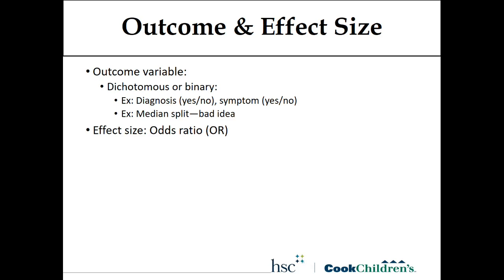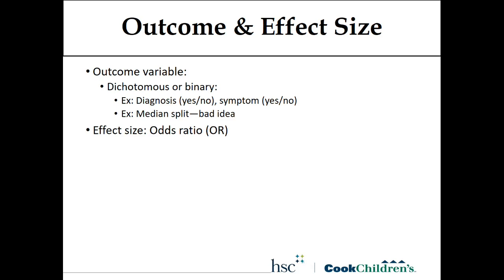Okay, the effect size is an odds ratio. And I mentioned that the log odds is the link function for this logistic regression, so odds ratios are really important. If you have an odds ratio of 1, that means there's really no difference between two groups.